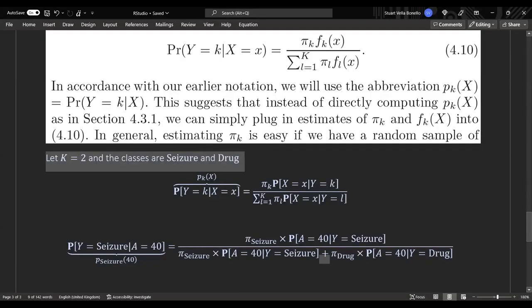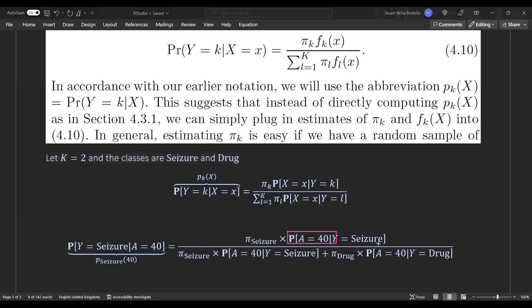If we highlight it, the challenge is estimating these two. The probability that if you are age 40, then you're going to be in the emergency room with a seizure.